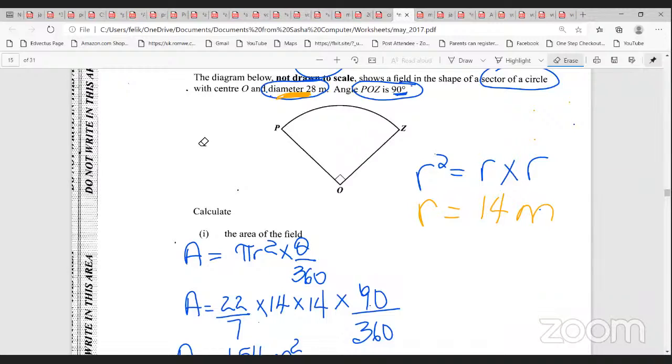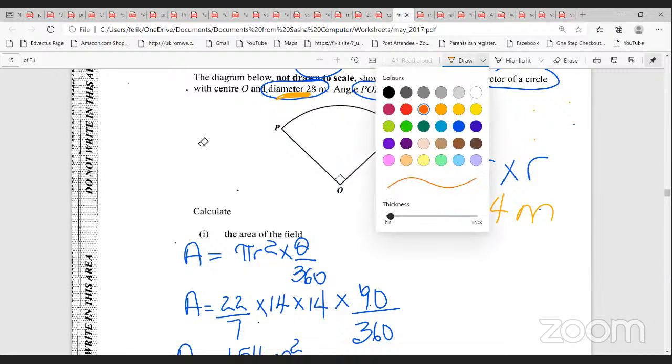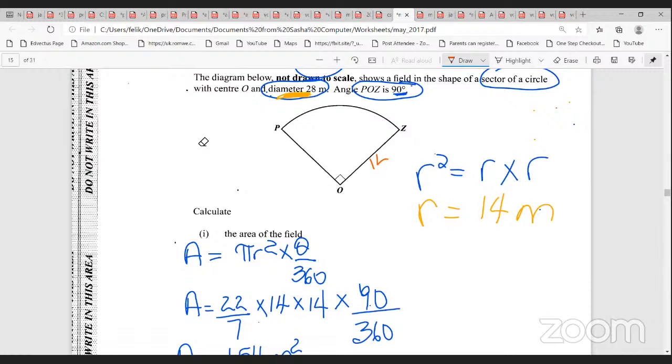Radius. Yes, it is the radius. Thank you, darling. All right, so O to Z is the radius, right? And what is the length of the radius that we calculated earlier? 14. Right, good. So it's 14 meters.